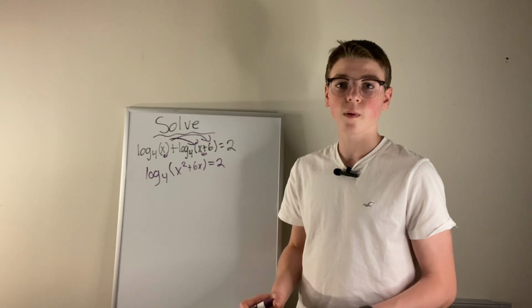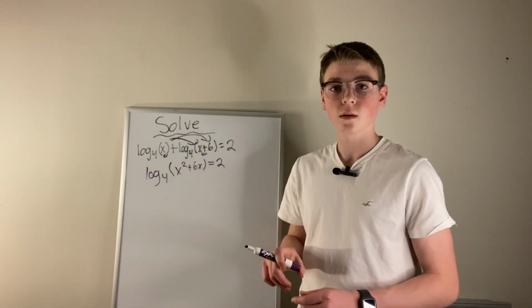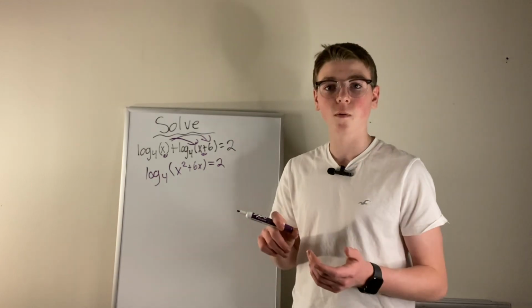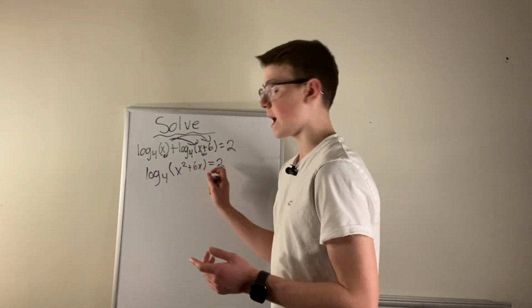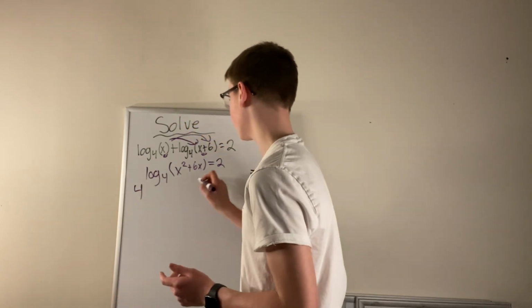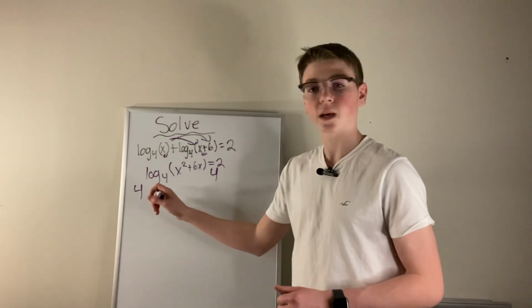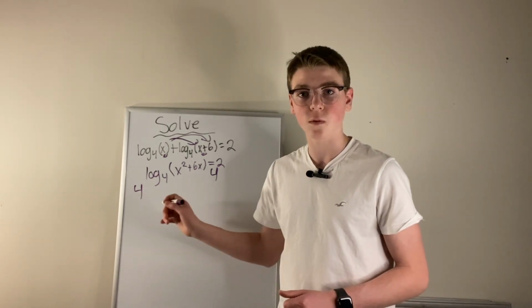Now what? Well, you could raise both of these to the base of 4. So these become the exponents of 4. So base 4, base 4. Why do we do this? Well, we want to get rid of this log base 4.